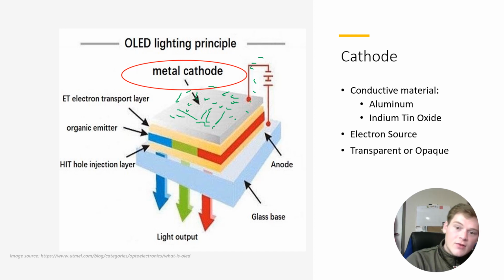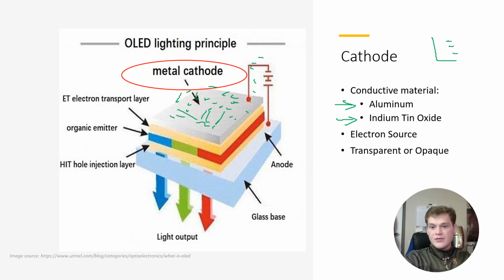It can often be made out of a metal like aluminum, or it can be made transparent out of indium tin oxide, depending on whether or not you want something that just has a single plane of view like a computer screen, or if you want something where light emits maybe both sides like a light fixture, where you can kind of have like a soft glow up here and then emit light down below.